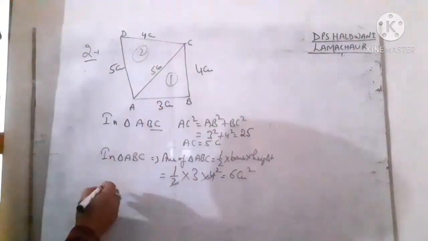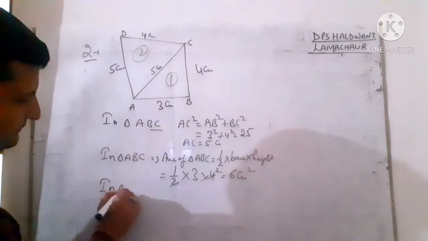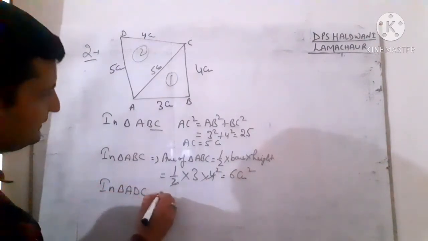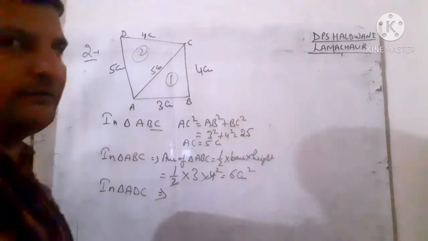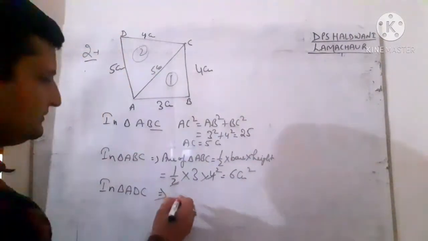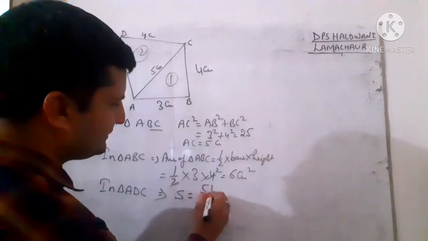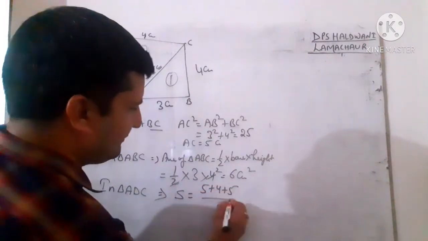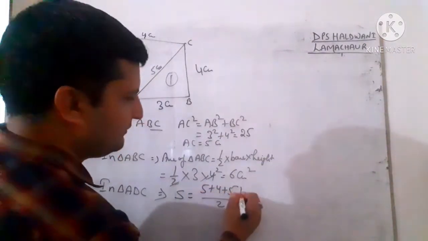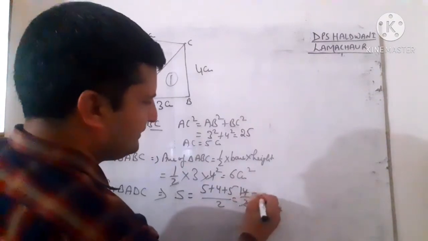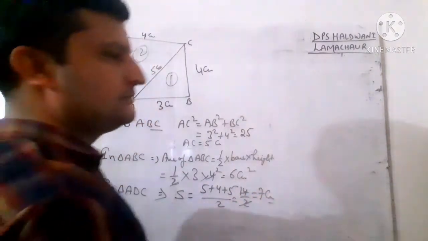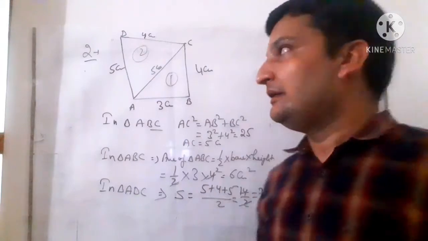In triangle ADC, students, first we have to find the value of S. So S is equal to A plus B plus C upon 2, means 5 plus 4 plus 5 upon 2, that is 14 upon 2, that is coming 7 centimeter. So student, again we have to find the area of this triangle.